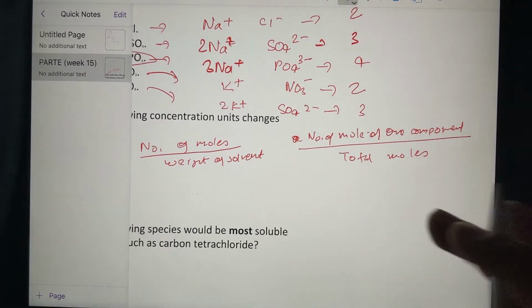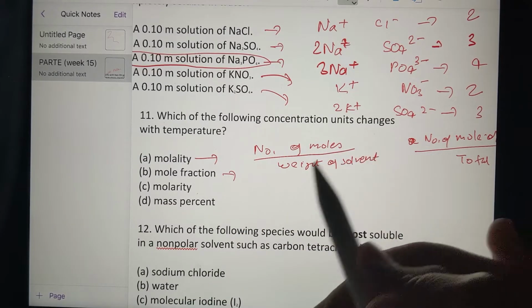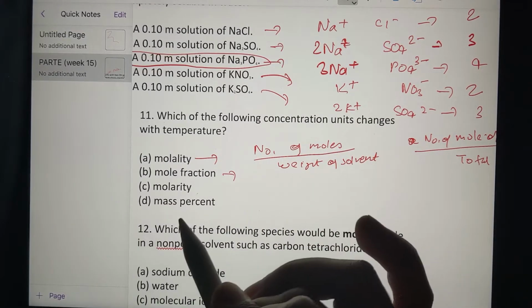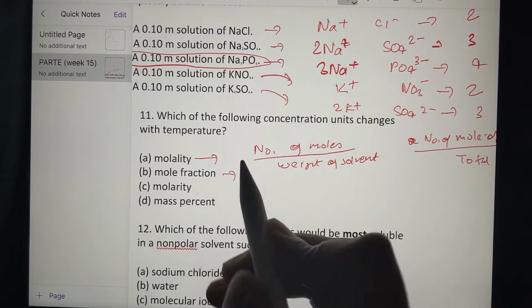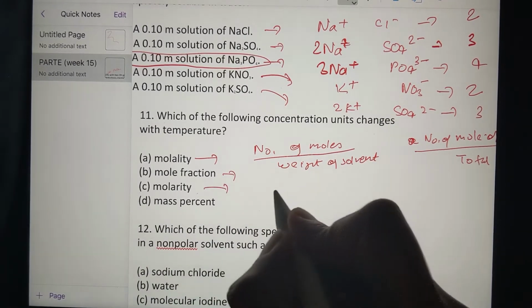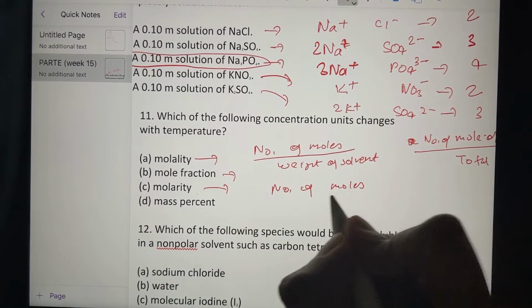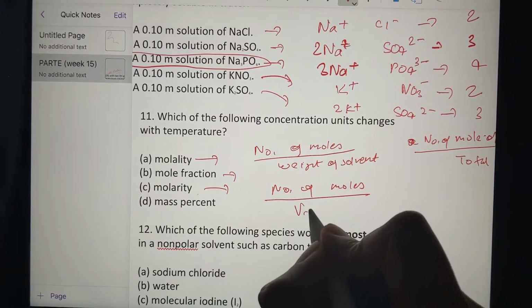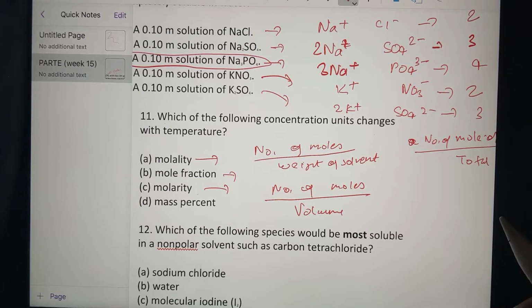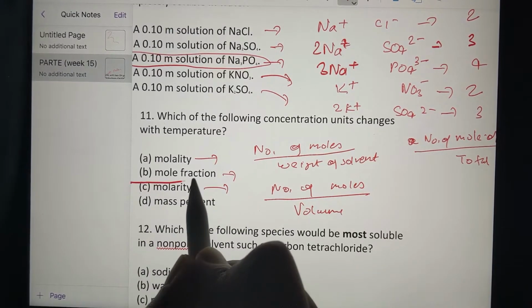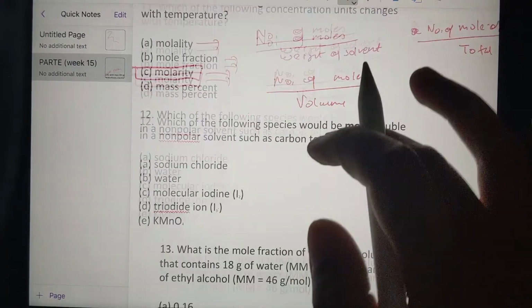The number of moles does not depend on the temperature, so this one is also not the correct answer. Same goes for mass percent, because mass or number of moles does not depend on the temperature, while molarity is defined as number of moles divided by volume, and you know that volume changes with the temperature, so this unit of concentration depends on the temperature.